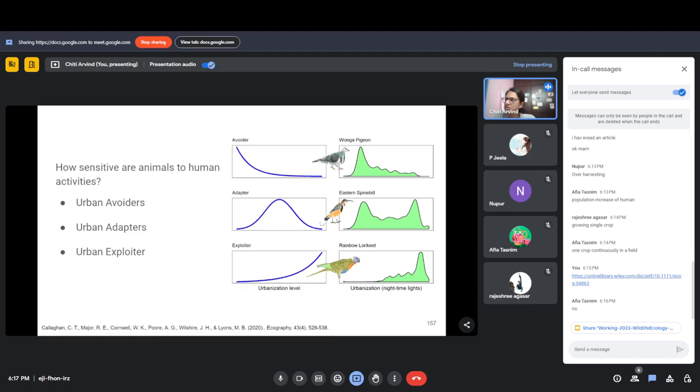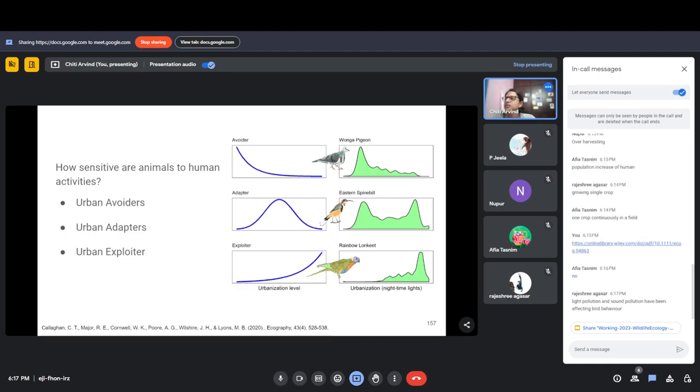So, the lines in blue can represent the activity of, let's say, these three species of birds, and the green part also tells us the activity patterns of these particular birds.